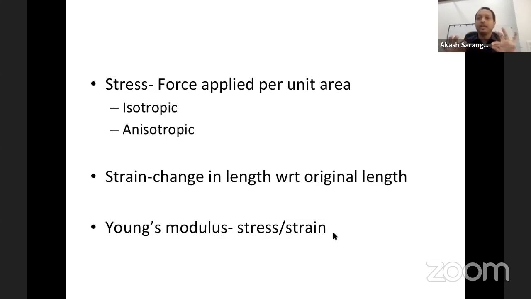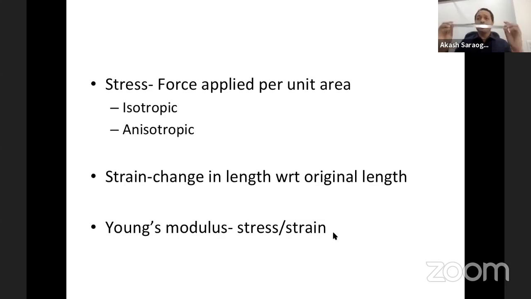Now, an object can be isotropic or anisotropic. What isotropic means is that if I take an object and if I apply a pressure from this direction or this direction or this direction, it does not make any difference to the object. It will react the same way irrespective of the direction of application of the force. And that object is called an isotropic object.